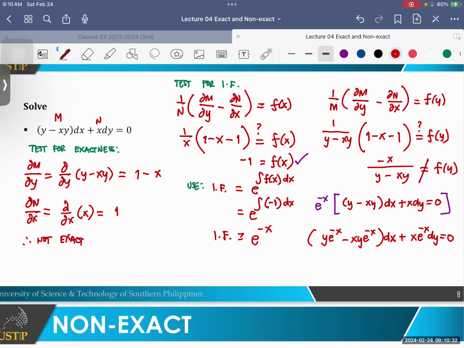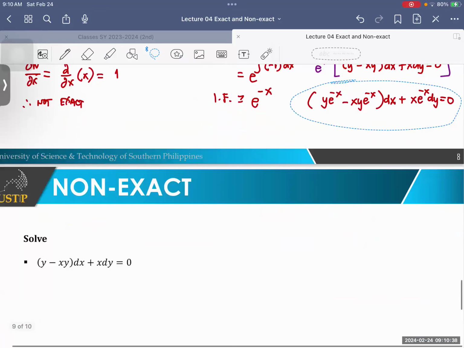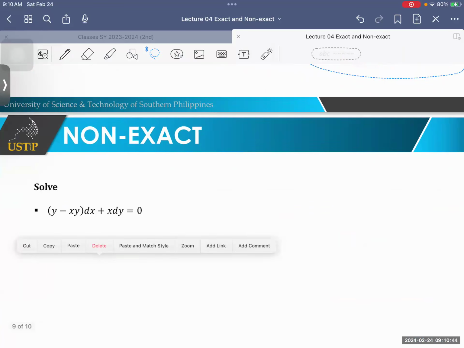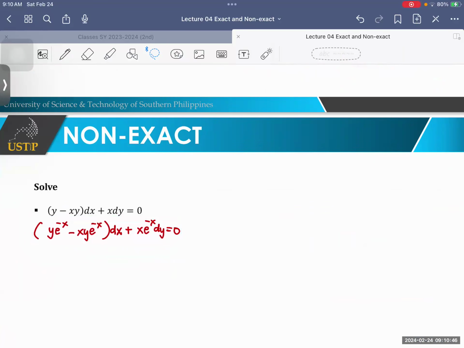Okay, so this is na ako ning kapyon class. So atong i-check class if pag-multiply na to sa integrating factor, nahimo ba nga exact ni nga equation. So karon atong new nga M class is unsa man atong new nga M? Kini natong bag-o nga M. Kanina and this is our new N. Okay?